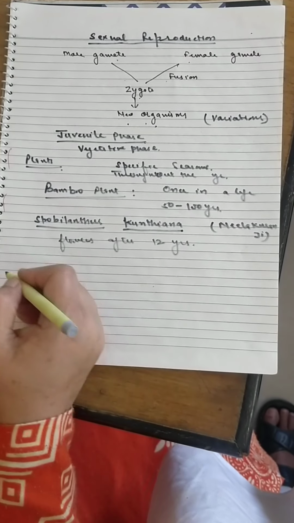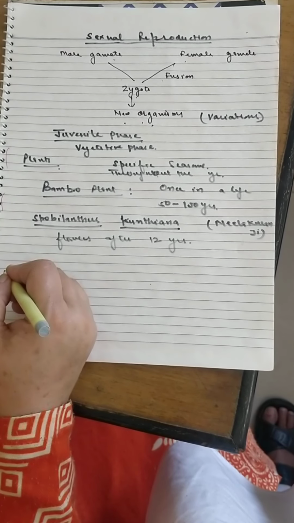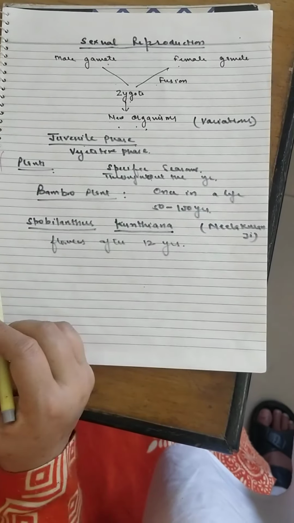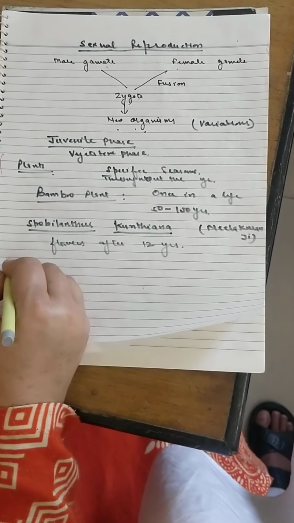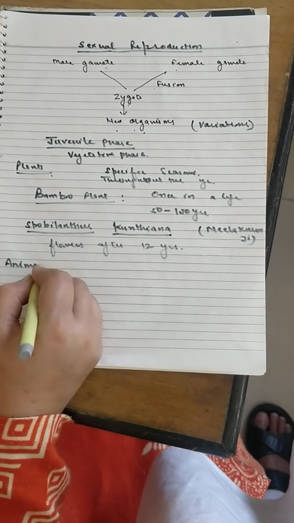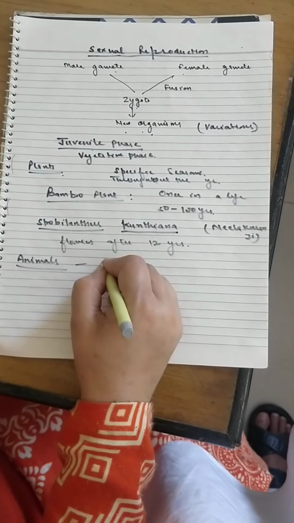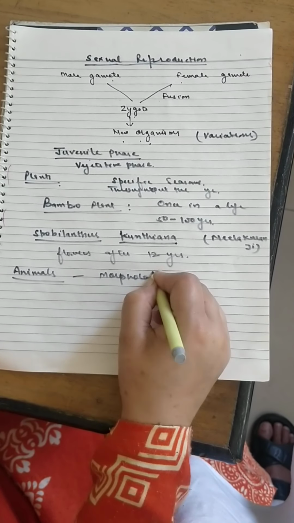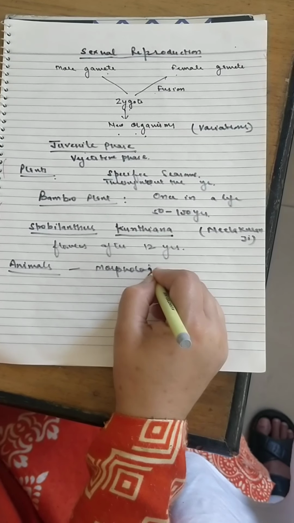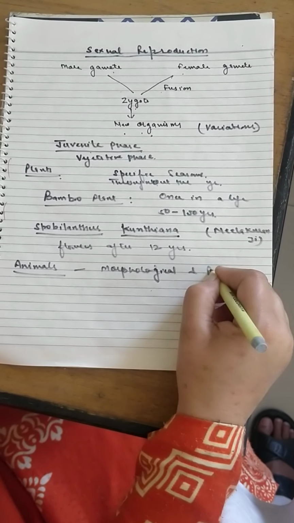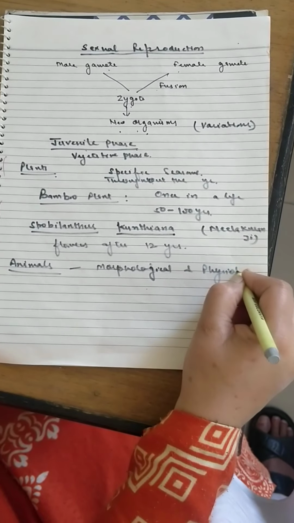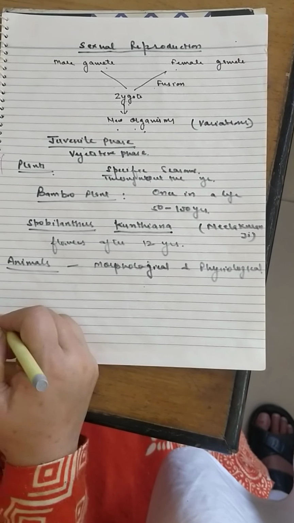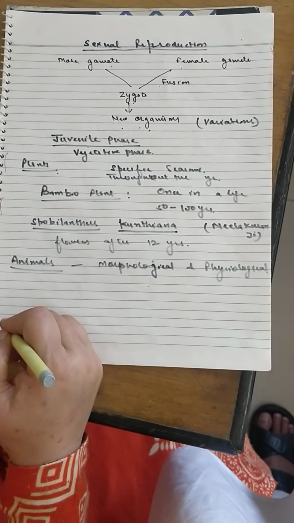Now, in animals also, there is a juvenile phase, then a reproductive phase. After the juvenile phase, there are many morphological and physiological changes in animals before reproduction. These changes occur due to hormones.